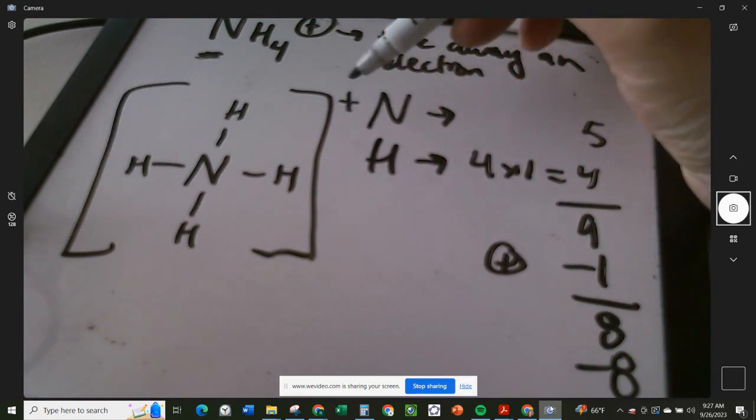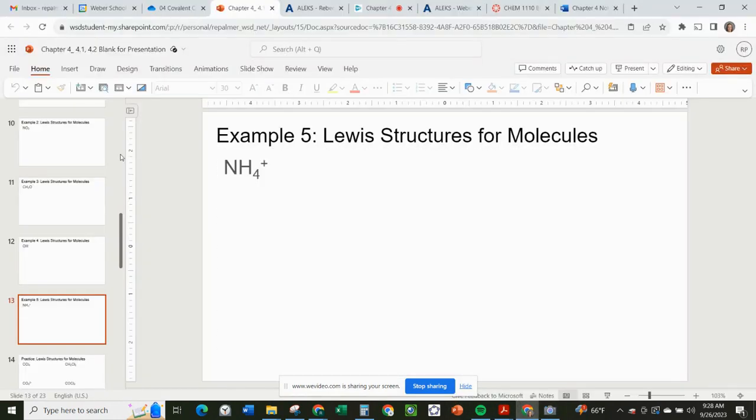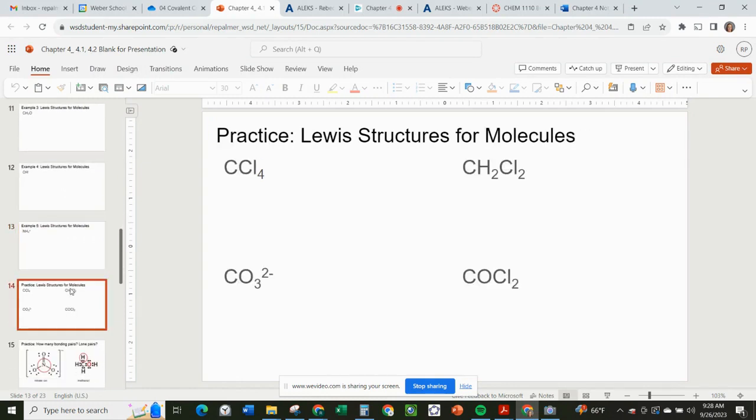There's 1 less electron than nitrogen and hydrogen brought in their valence shell. Okay, so these are some to practice. Go ahead and practice those.